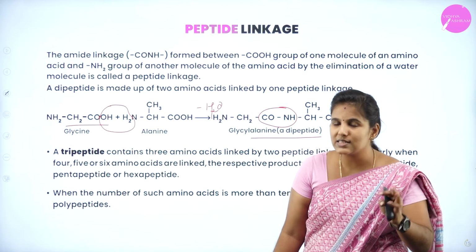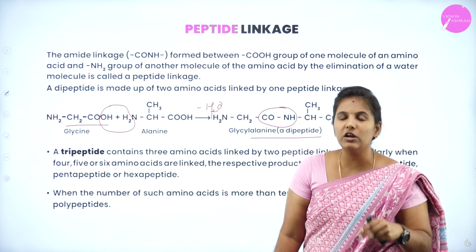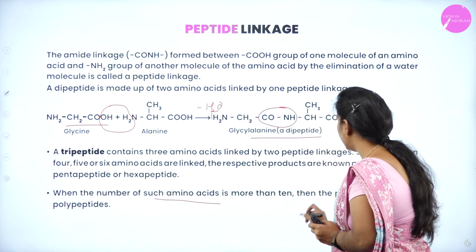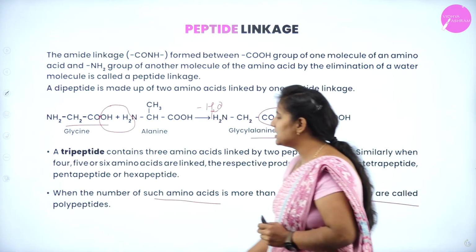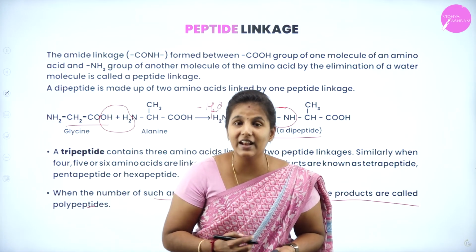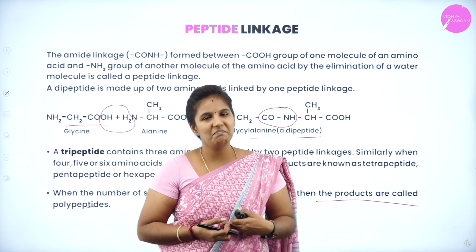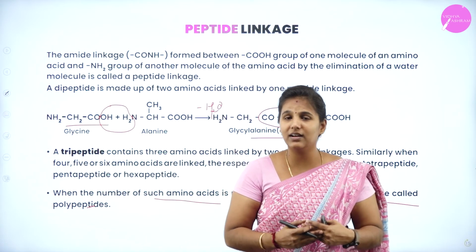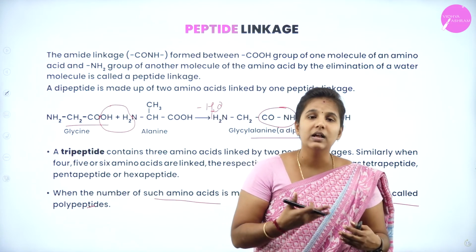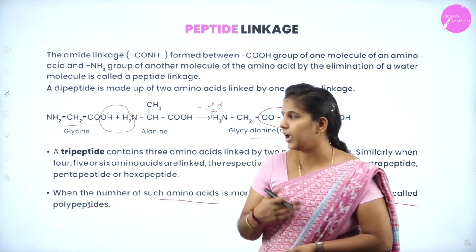If 3 amino acids are there, then it results in the formation of 2 peptide bonds. If the number of amino acids is more than 10, then the products are known as polypeptides. This is how we can predict the bonding between the 2 amino acids, with the elimination of a water molecule, which results in the formation of a peptide bond.